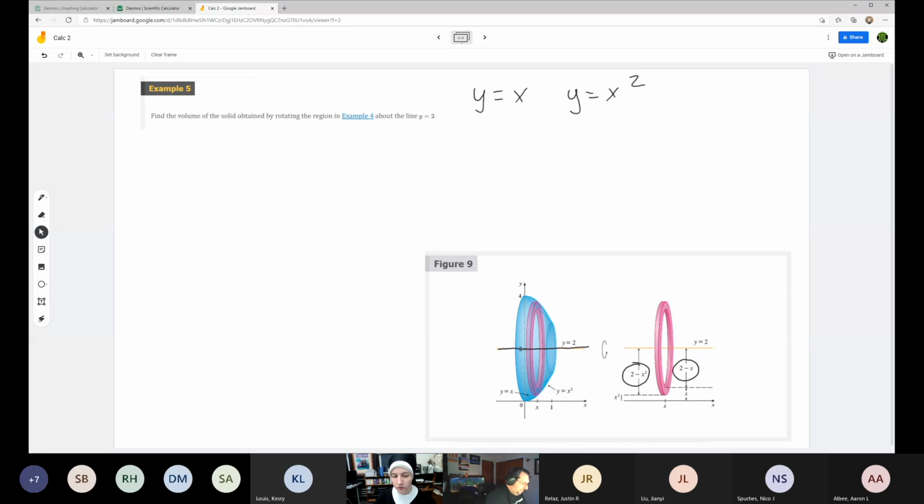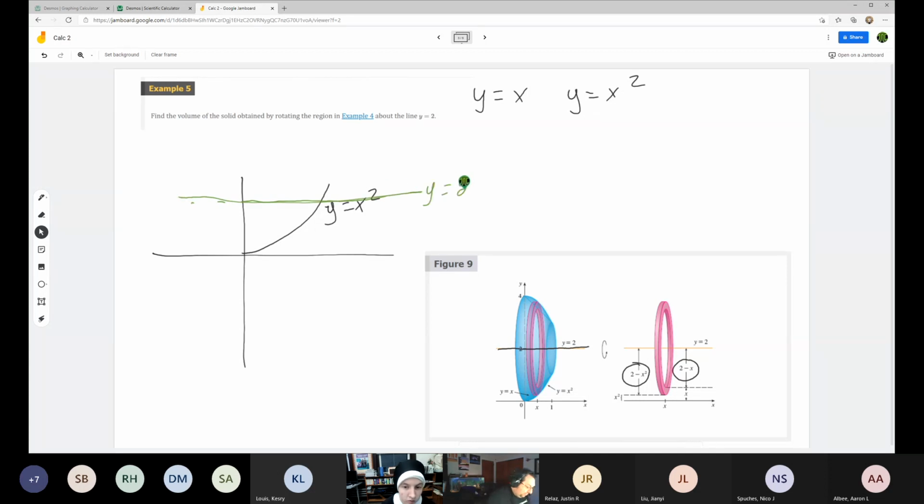Yeah, let me actually show you. Here's my x squared line. If we're rotating it up here, this is at 2, so that's y equals 2. I'll do the -2 one too, so you can see that one. If I'm going from here to here, let's say that right there is at x equals 1. So that radius is really only 1.